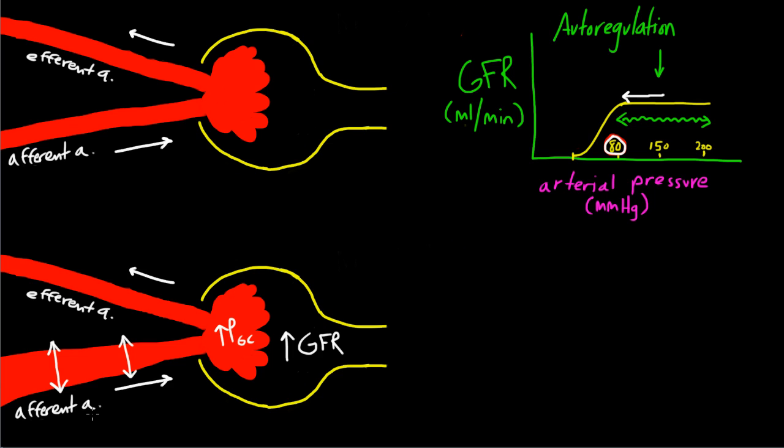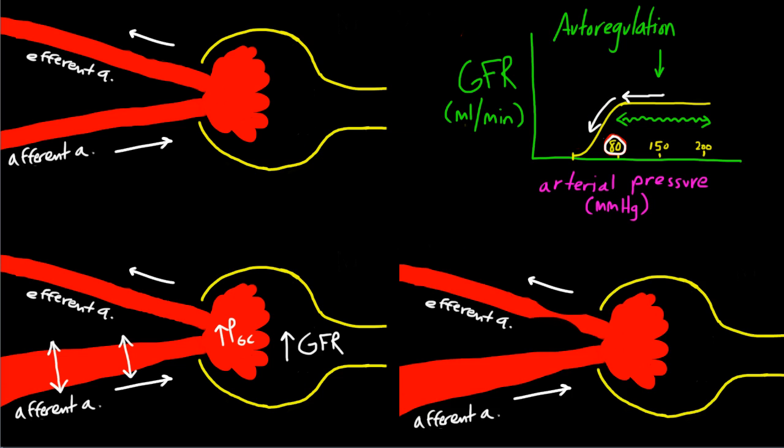With a further reduction of mean arterial pressure below about 80 millimeters of mercury, another mechanism assumes greater prominence. Afferent arteriolar vasodilatation persists, but now there is efferent arteriolar vasoconstriction.